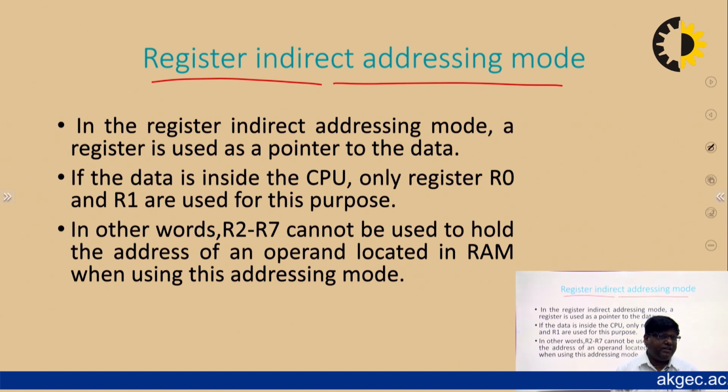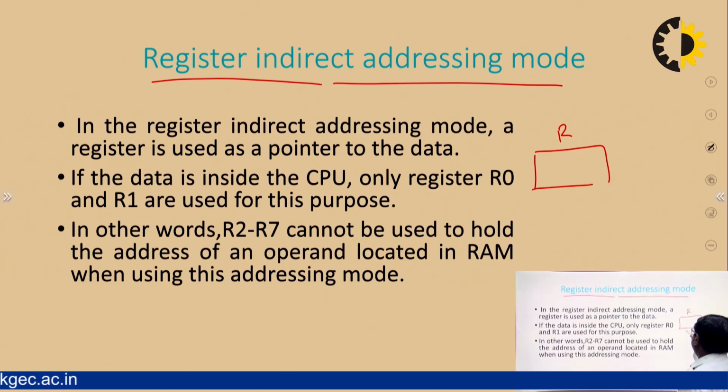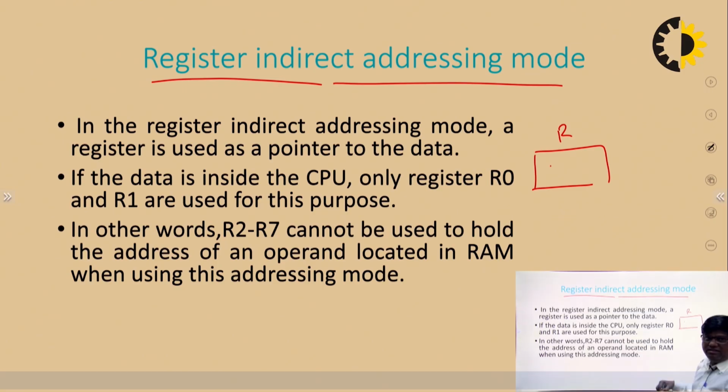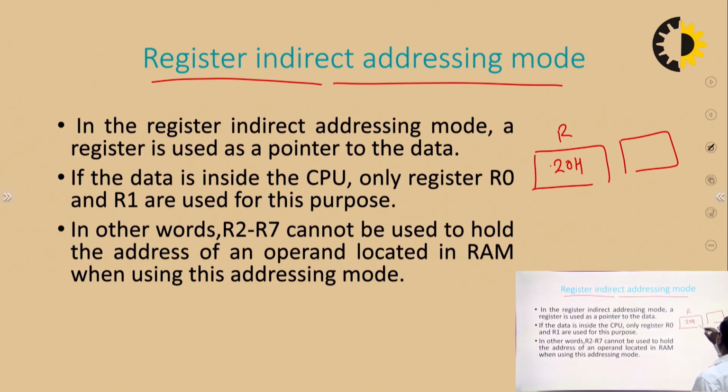In register direct addressing mode, the register plays the big role: we simply transfer the content from register to register, register to memory, memory to register. But in indirect addressing, when data is transferred into a register, another address is stored, 20H, and from this location, another register R2, then the content of A is transferred.